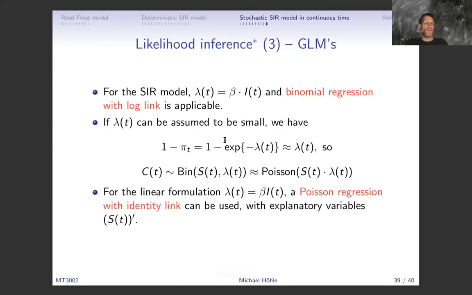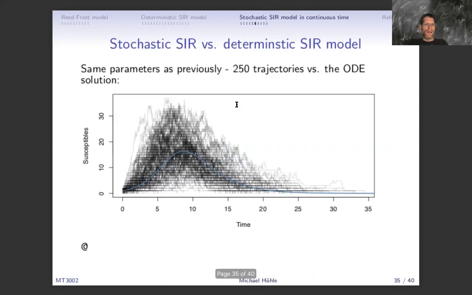And then you can do a generalized linear model part, which I don't want to go into for this lecture, but it's possible to put some of this into either a binomial regression with a log link, not the ordinary logit link, but a log link, or you can use a Poisson regression with identity link to model all of this. But that goes beyond the part of this course, so this is here for those who are interested in stuff like that.